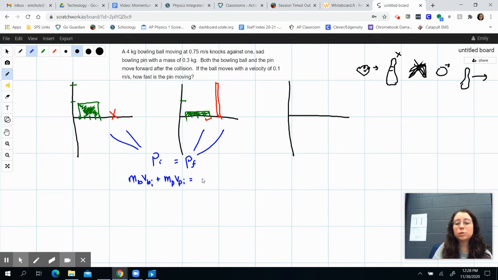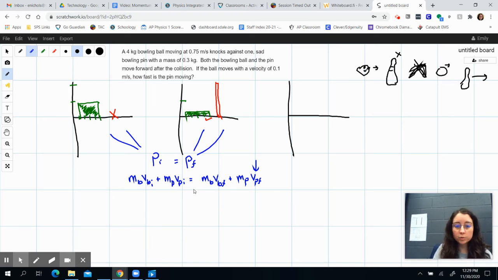That equals the mass of the ball times the velocity of the ball final, plus the mass of the pin times the velocity of the pin final. What we're looking for is the velocity final for the pin.